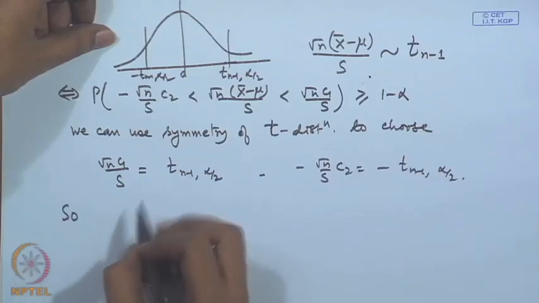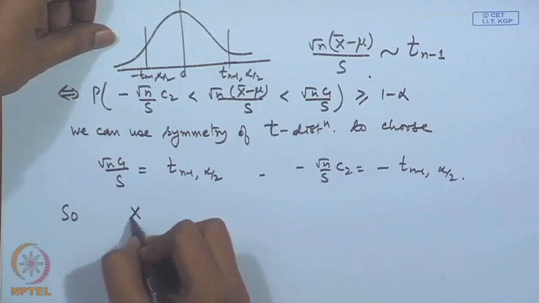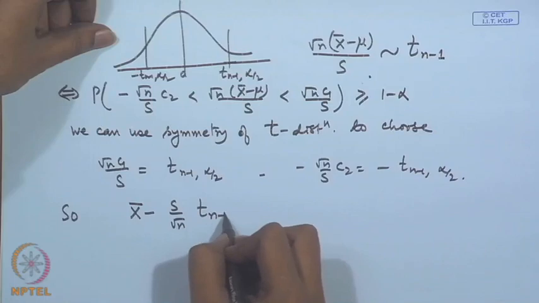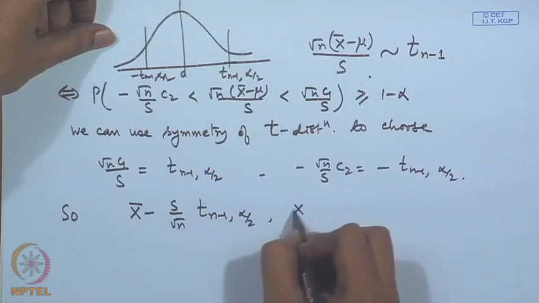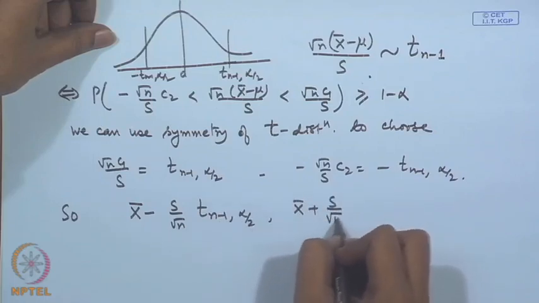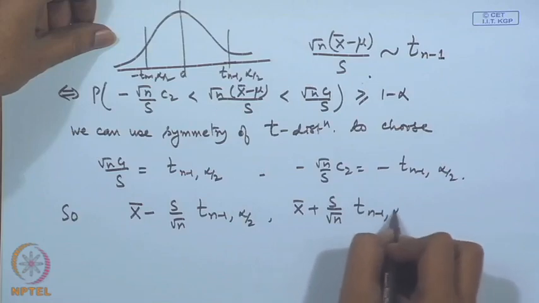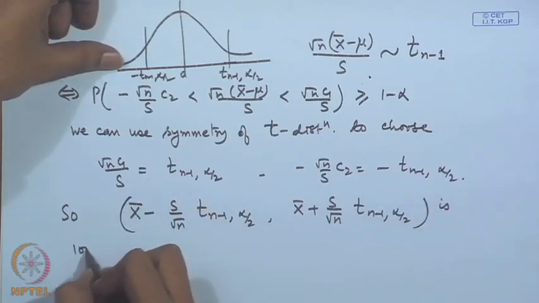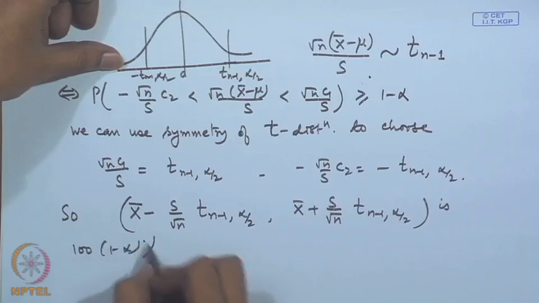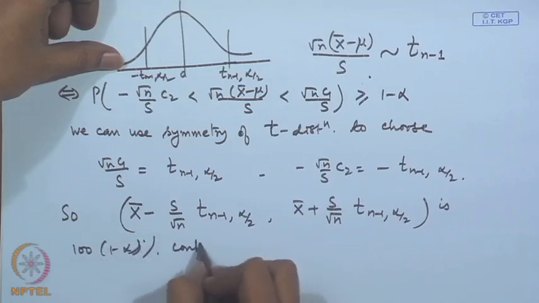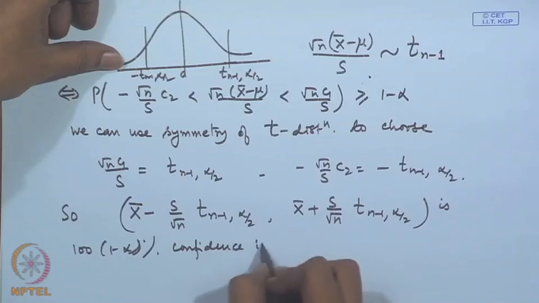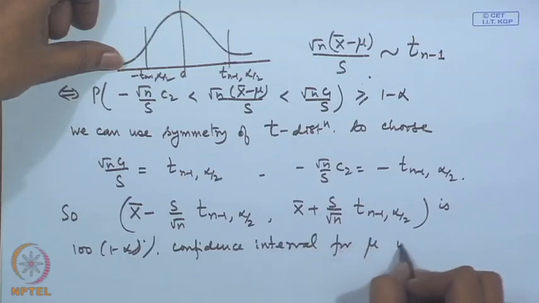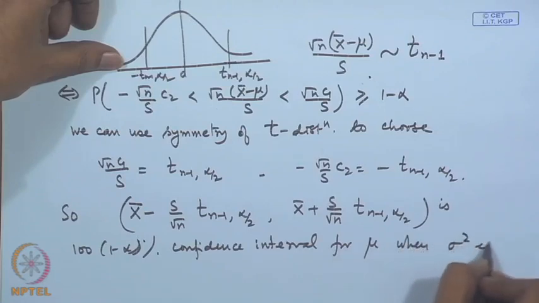So, from here the confidence interval comes out to be x bar minus s by root n t n minus 1 alpha by 2 to x bar plus s by root n t n minus 1 alpha by 2. So, this is 100 times 1 minus alpha percent confidence interval for mu when sigma square is unknown.